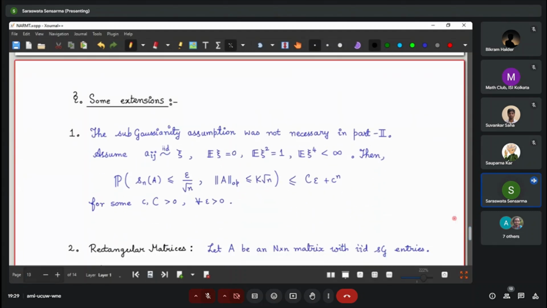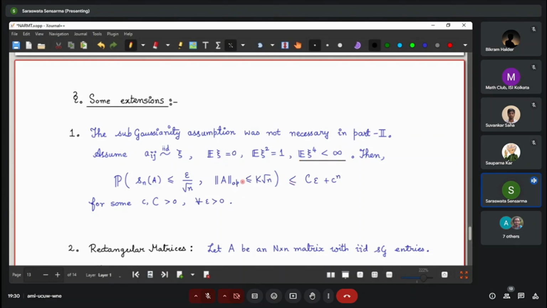First of all, let's go back and reflect upon the argument we made. At least in the second part of the argument, we never used the full power of the sub-Gaussian assumption. And so actually you don't need the sub-Gaussian assumption if you are dealing with random variables which have mean 0, variance 1, and finite fourth moment.